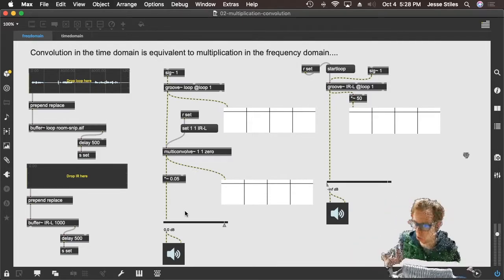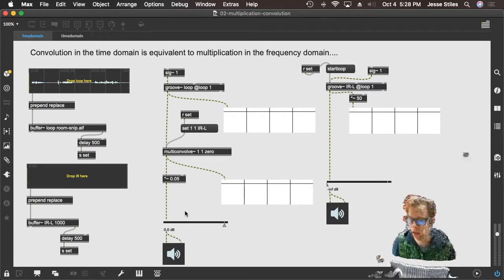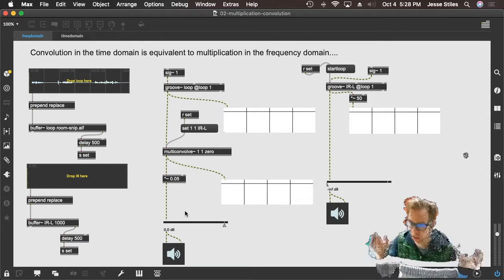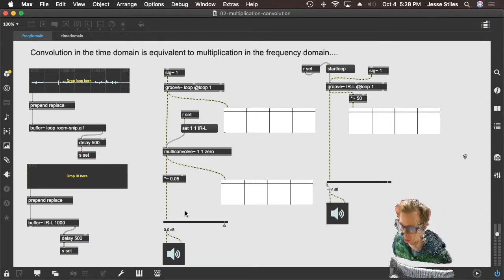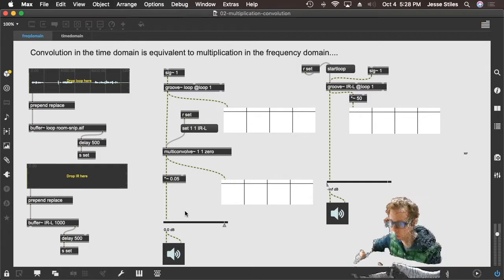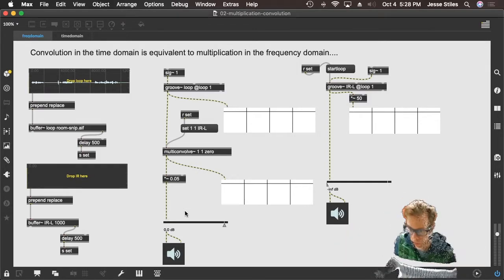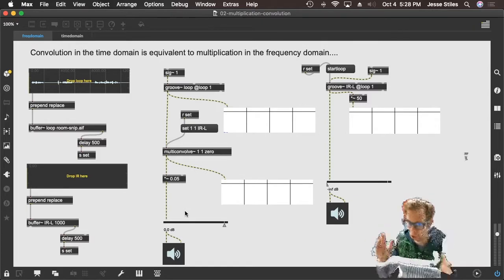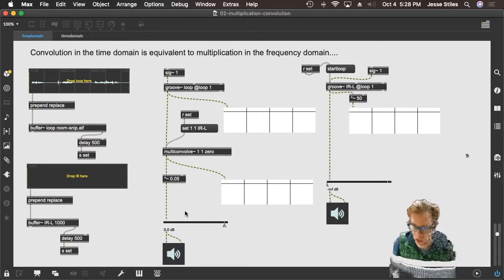So that's convolution in the time domain. And it turns out that convolution in the time domain is equivalent to multiplication in the frequency domain. So in the frequency domain, when we're looking at a signal, we're looking at how much energy there is throughout the frequency spectrum. So we're going to take that level of energy and multiply it by the other signal when we're doing convolution in the time domain.